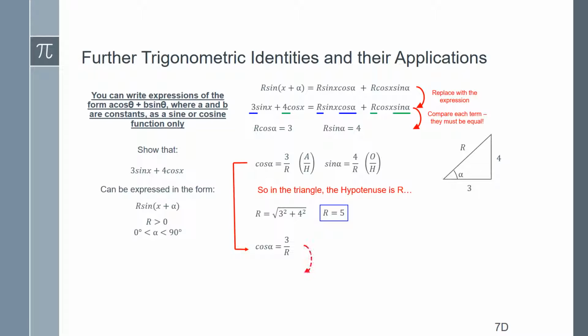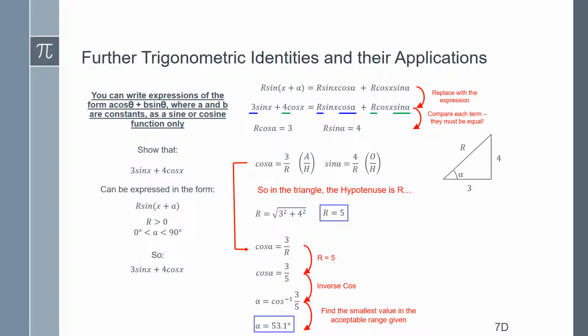Therefore cos alpha is 3 over 5, inverse cos. Find the smallest value in the acceptable range, 0 to 90. So 53.1 is the smallest value. So therefore 3 sine x plus 4 cos x is 5 sine (x plus 53.1 degrees).